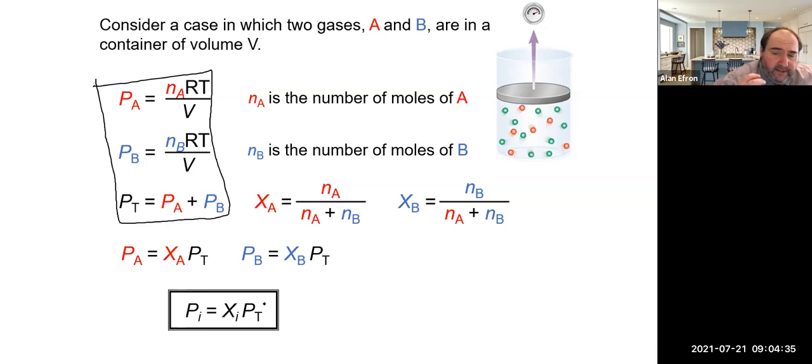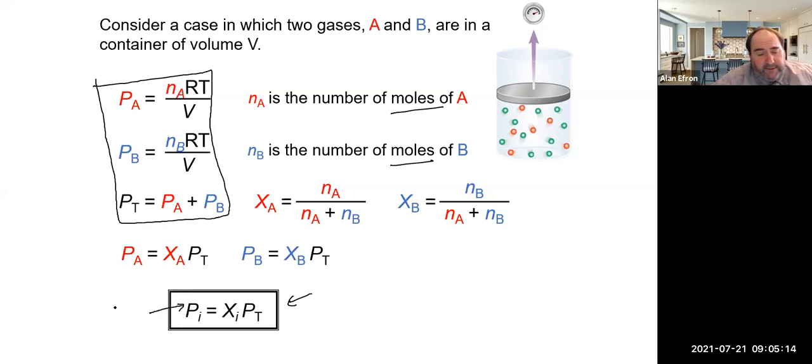But if you're given enough information to figure out the moles of the gases present, maybe the grams of each gas, or maybe you're just given the moles of each gas, and you're given one other piece of information, either the partial pressure of a gas or the total pressure of the mixture, you can use this formula on the bottom here to calculate the partial pressure of a gas.